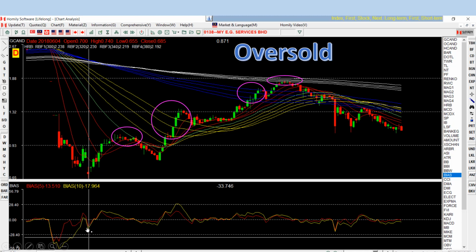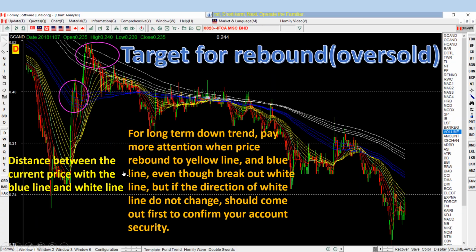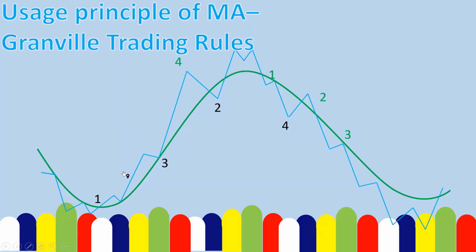So you can combine the BIAS indicator with Homing Rainbow to check when your entry point is. You can see this one when it is turning upward. So here will be the entry point. It is far away from the MA, so here will be the forced buy point. This one, the forced buy point here.